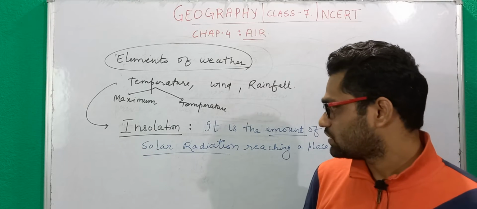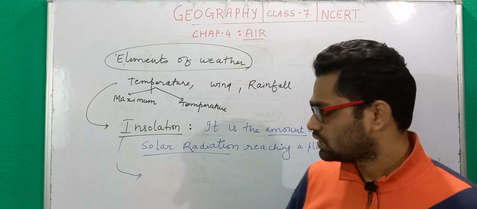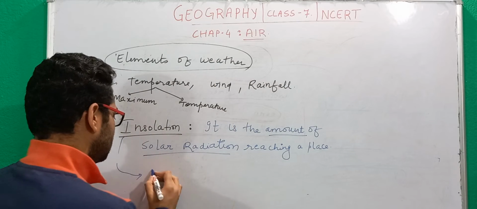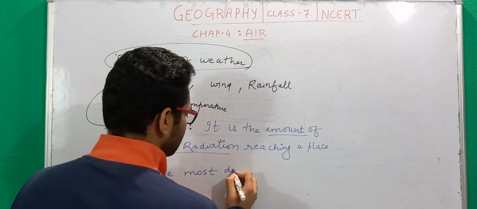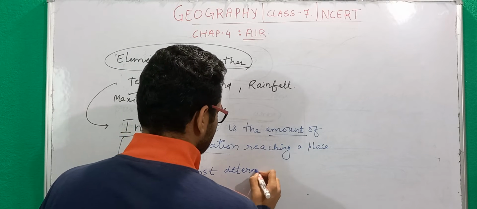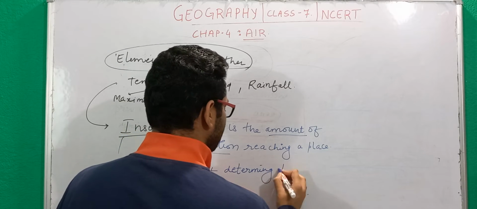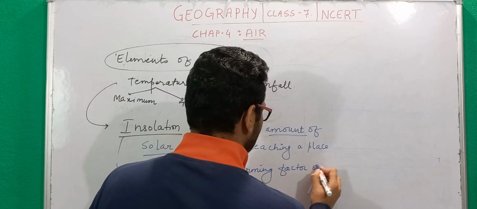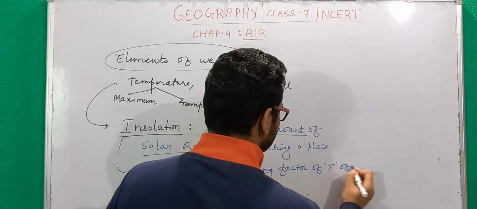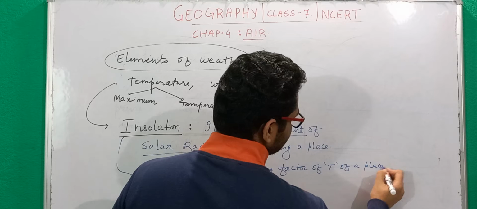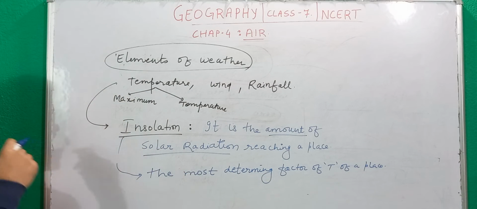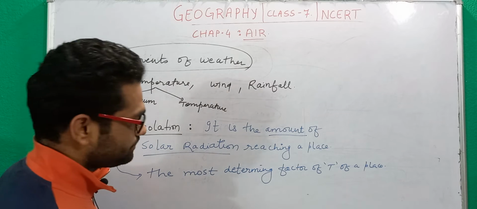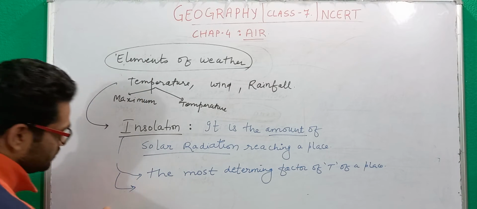So I would say rather that insolation is the most determining factor of the temperature of a place. It is the most determining factor, and you will understand why I am saying this. Let's try to understand with this point.